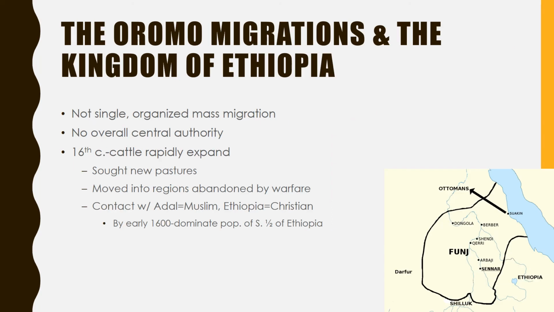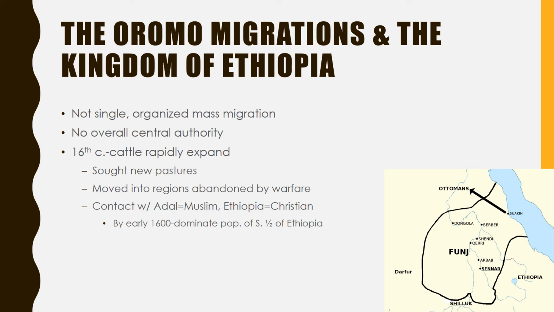So there's no single organized mass migration, and there's no overall central authority. This is kind of a piecemeal expansion of these people. During the early 16th century, their cattle herds underwent a rapid expansion, and so they needed to seek out new pastures, and they started moving into those regions that were abandoned by the warfare between Adal and Ethiopia.